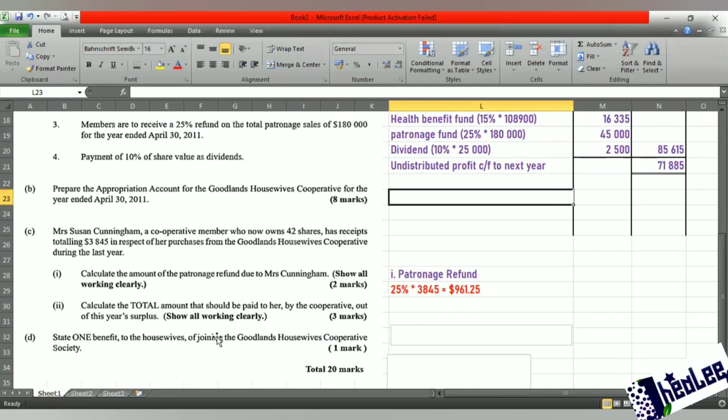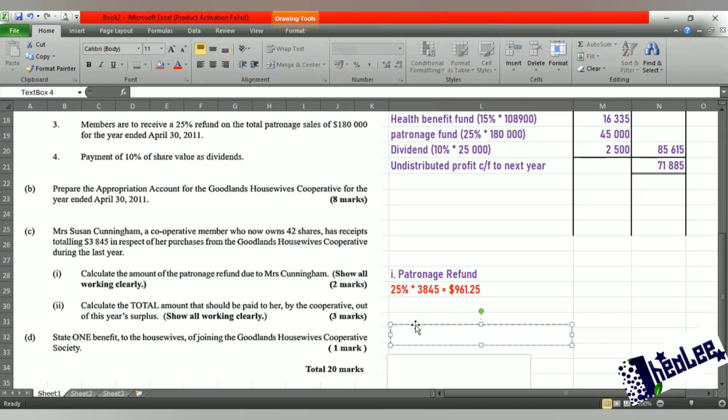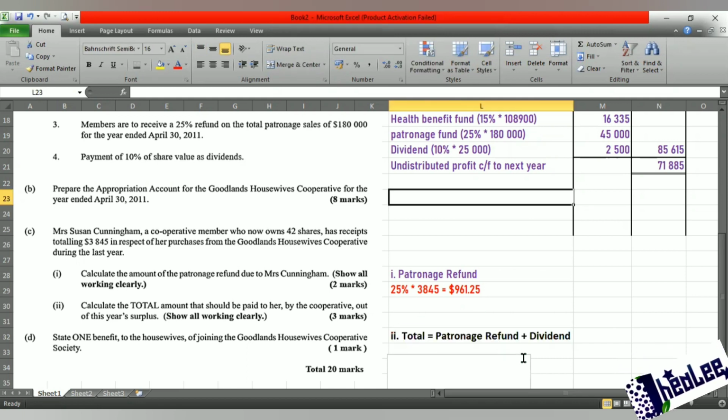In order for us to calculate the total value to be paid out to Mrs. Susan Cunningham, she's to get the patronage refund, and because she is a member of a cooperative owning 42 shares, she has to get a dividend as well. So the total would be the patronage refund plus the dividend.